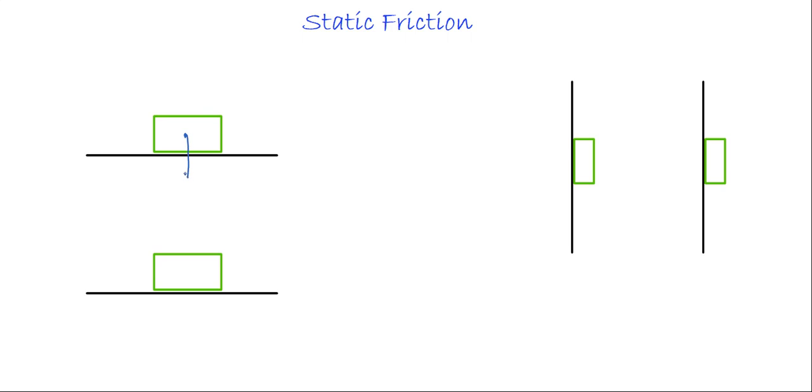So if I draw a free body diagram here to analyze the situation, I have, of course, vertical forces, and I have an applied force because I am trying to move the box. But for whatever reason, the box is not moving, which means that the net force, specifically here horizontally, is going to be equal to 0, which means there has to be a force going backwards in this direction that is equal in magnitude and opposite in direction, and this we are labeling as the frictional force.